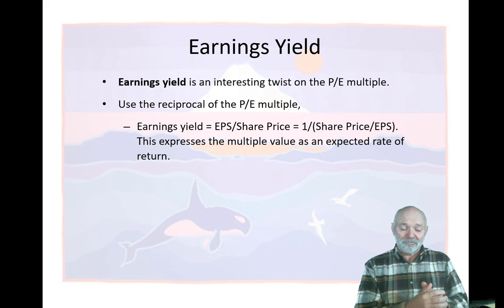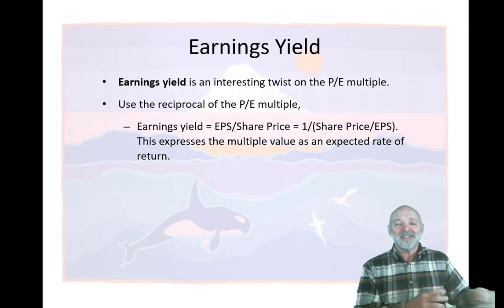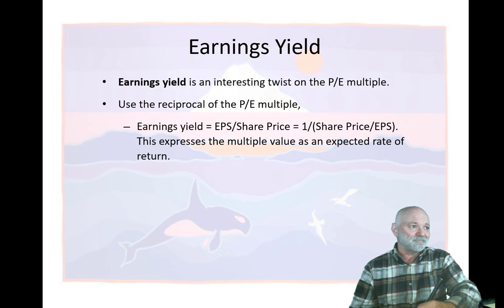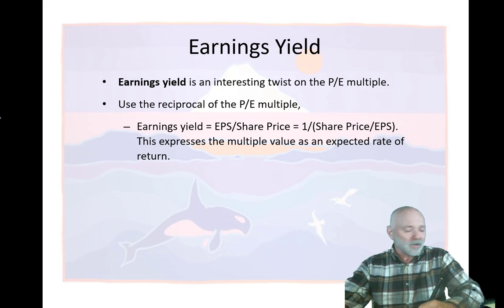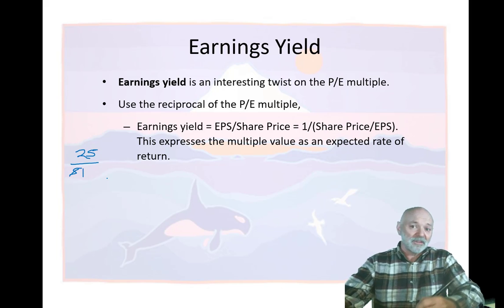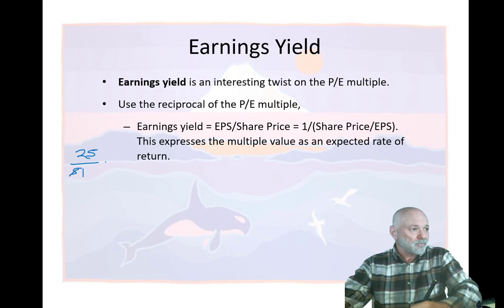So if we have, for example, a 25 times price earnings multiple, we'd say that our share price is going to be 25 times our earnings of $1. That gives us a 25 times price earnings multiple.